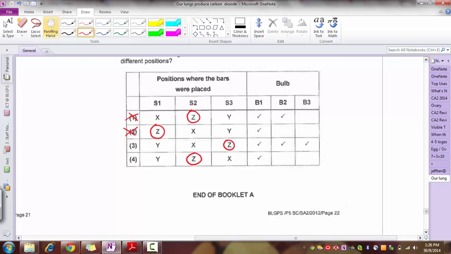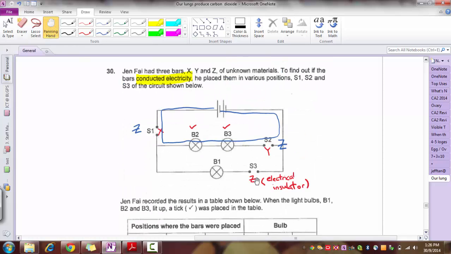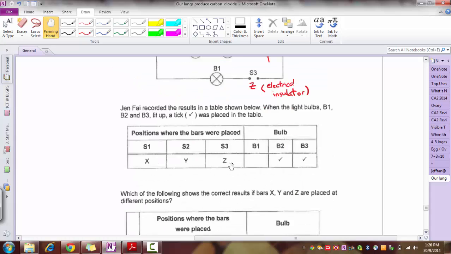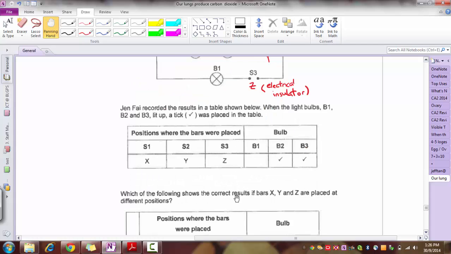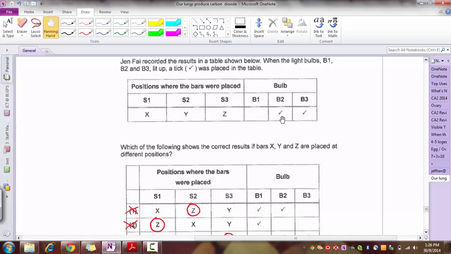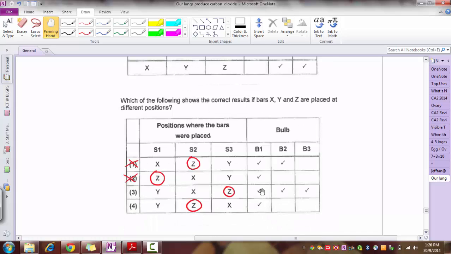Let's look at option 3. Z is at S3, which is here, which is the same as this part here. It doesn't matter the positions of Y and X because they are both conductors. So option 3 should look something like this here, but it's not. B1 lights up, so obviously this is wrong. So I'm left with my answer. Let's confirm whether this is the correct answer.